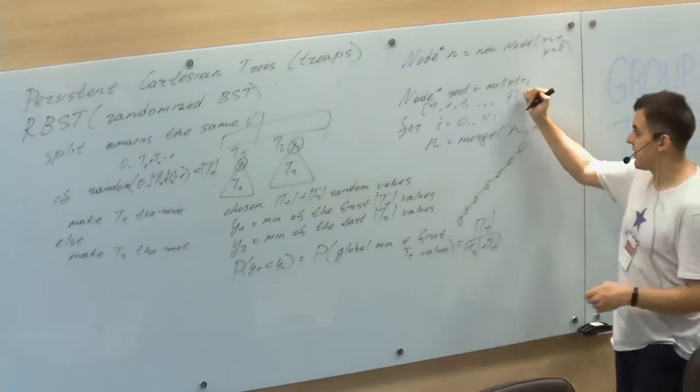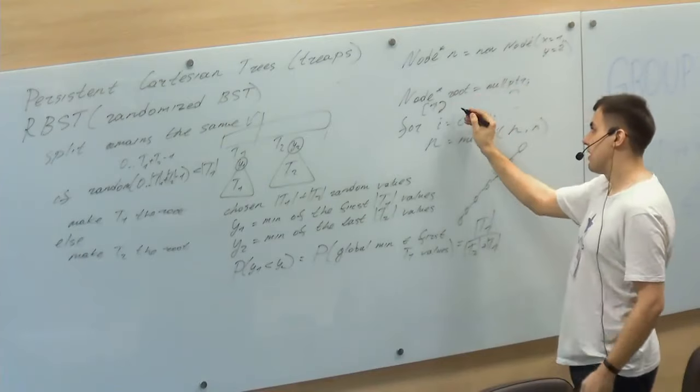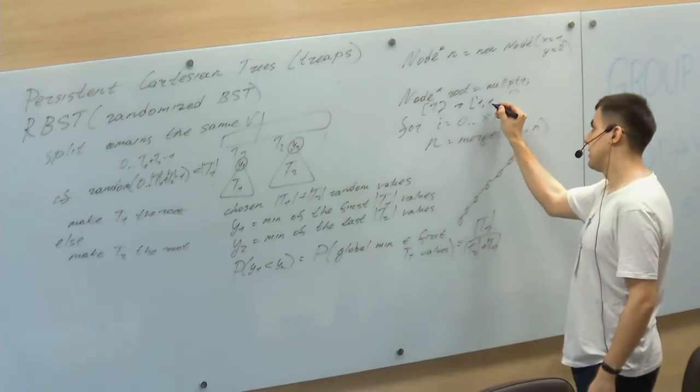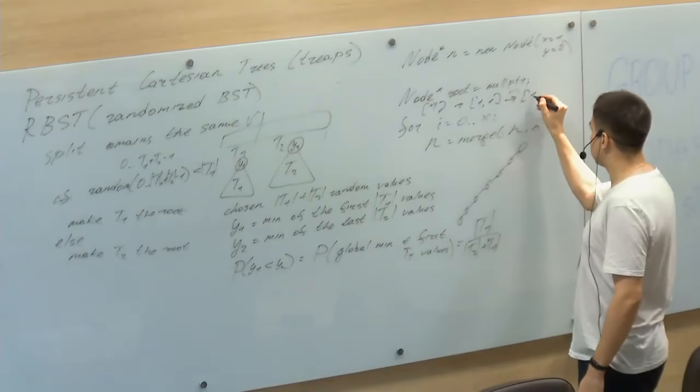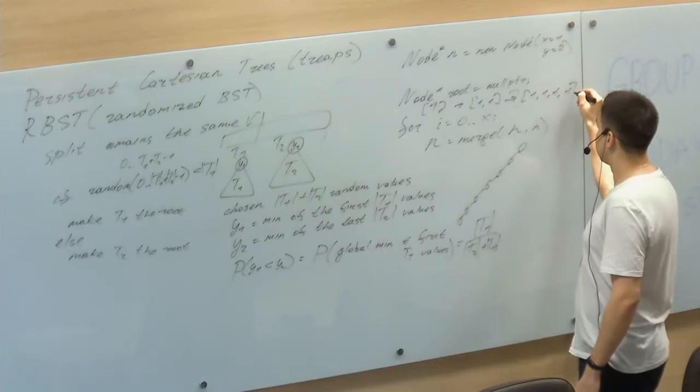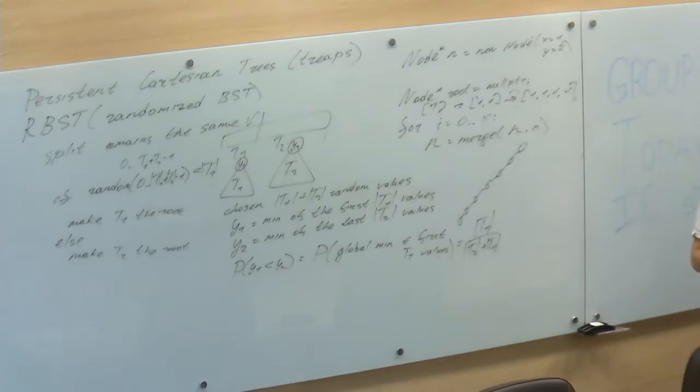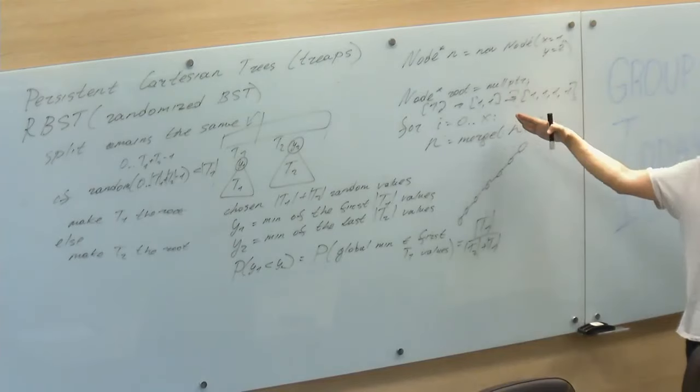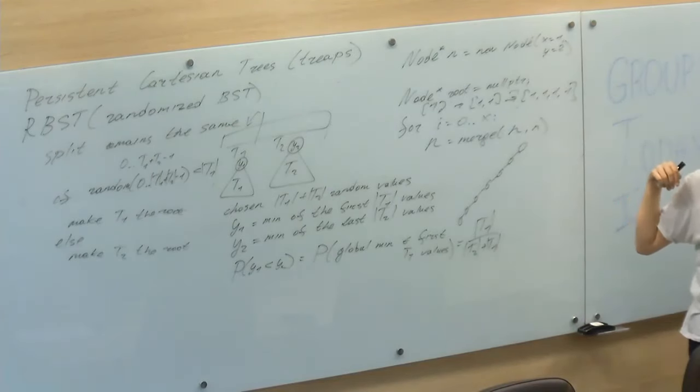In the beginning I have just one 1, after that I'll have two 1s, after that four 1s, and so on. So I can create a tree containing 2 to the power of n nodes in polynomial time.